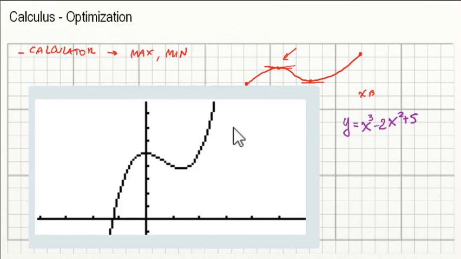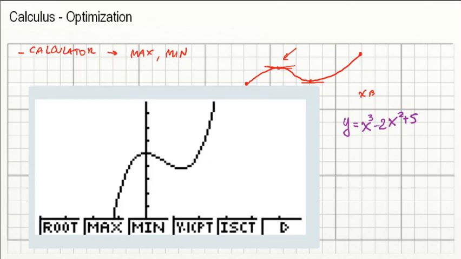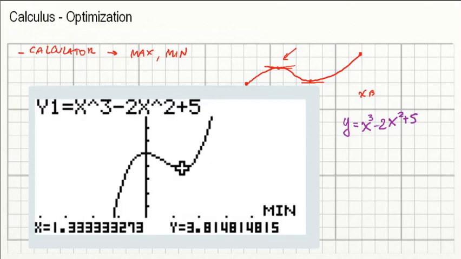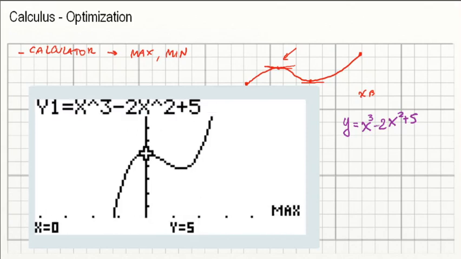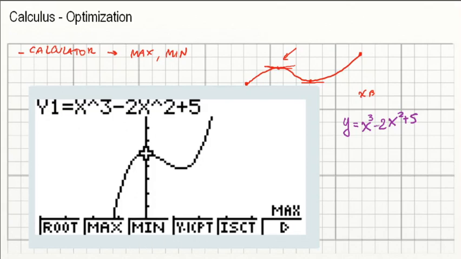Now if we want to find the maximum here, that's the local maximum, and the local minimum here, we could just use graphical solver. So min gives us a local min, and graphical solver max gives us the local max. So when x is 0, y will be 5, and that's a local maximum.